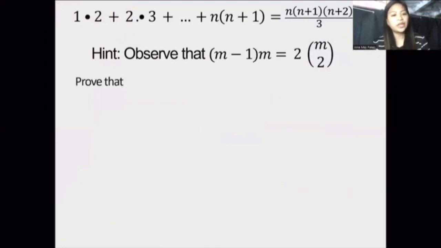Now, we need to prove that the quantity of m minus 1 times m is equal to 2 times the quantity of m taken 2.